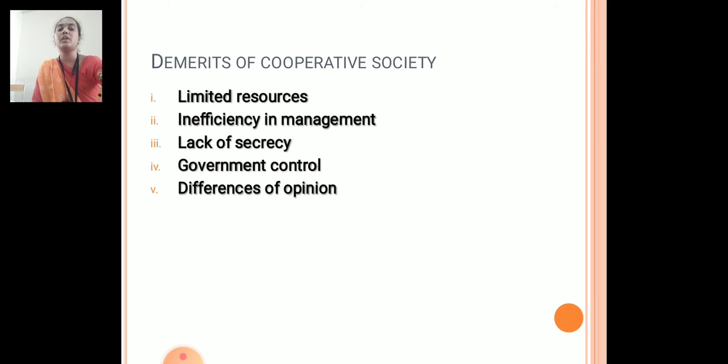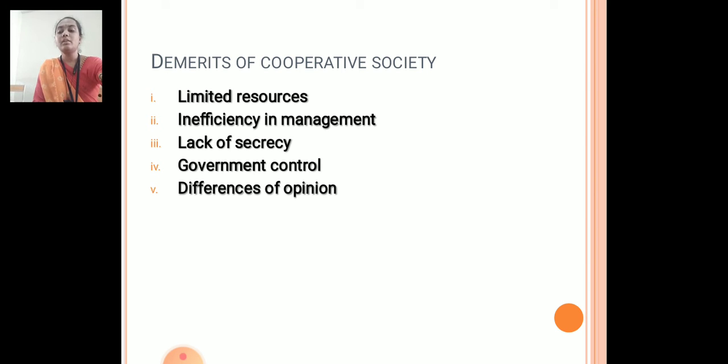If the experts are hired, then they have to be given the salary expected by those experts. So it is not easy to attract the experts and meet their requirement of a higher salary. It is not possible for the cooperative society.